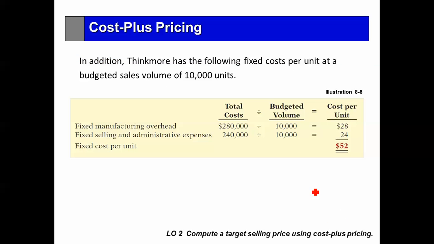In addition, it has the following fixed costs. The fixed manufacturing costs are $280,000, and if we do a volume of 10,000, it's going to be $28 per unit. The fixed selling and admin, $240,000, and if we do a volume of 10,000, it's going to be $24. So based on a volume of 10,000, the fixed cost per unit is going to be $52.